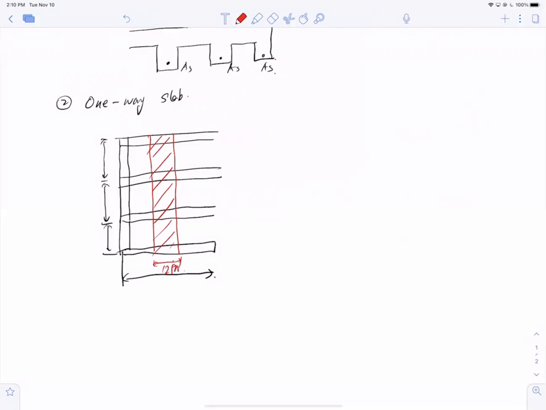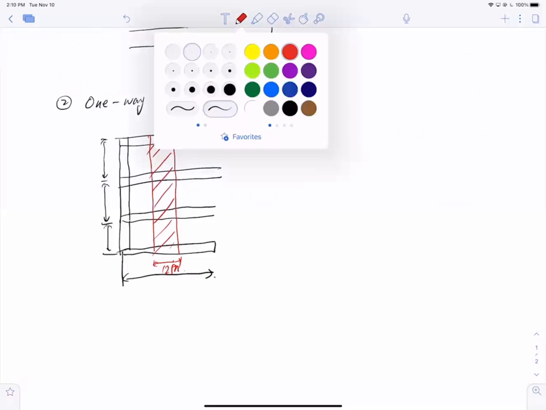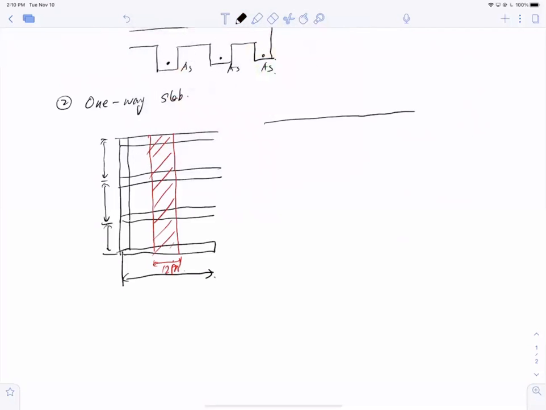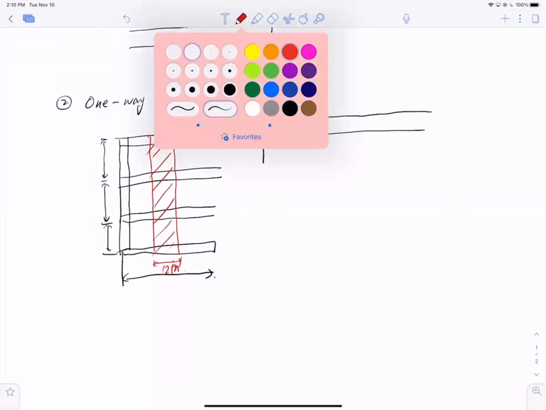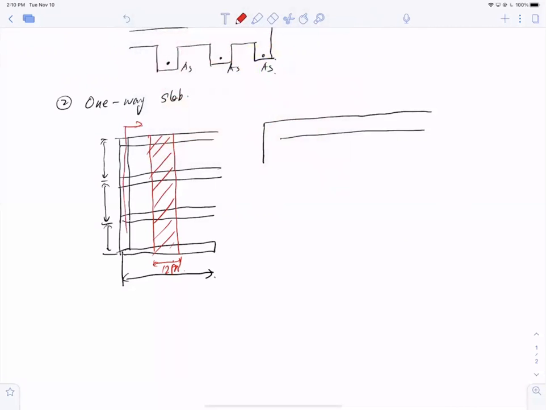Twelve inches. Okay, and make sure you understand that when we design the one-way slab, we usually give you a cross section like this, and we need you to determine the moment coefficient, looking from the cross section here, using ACI.